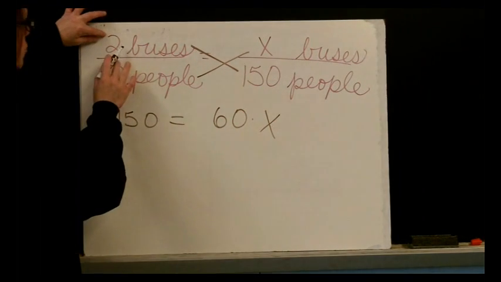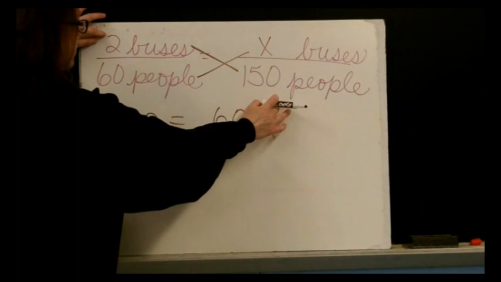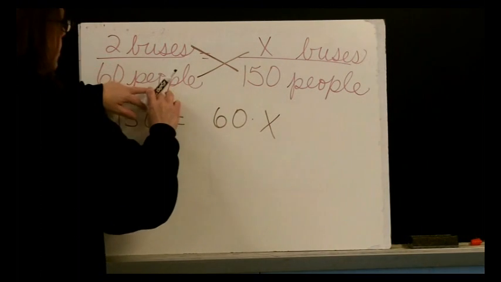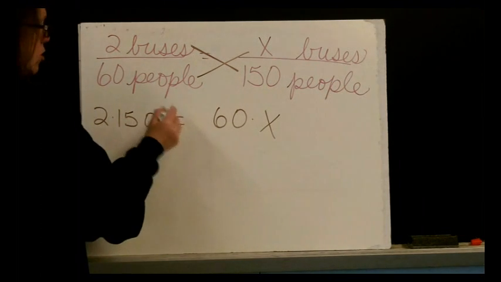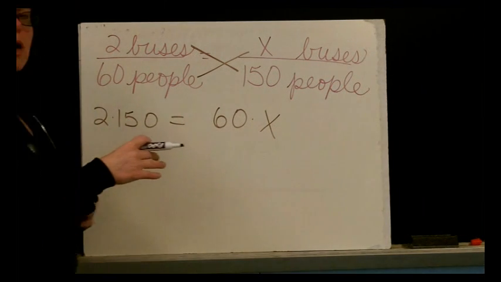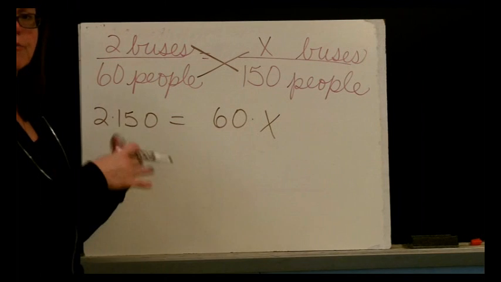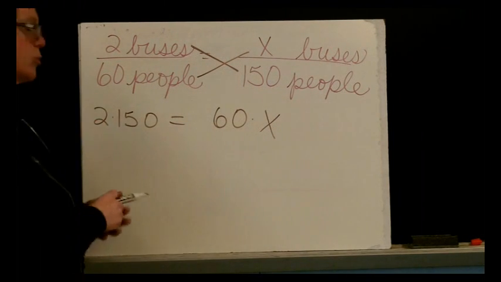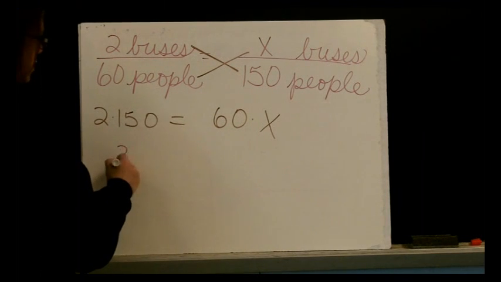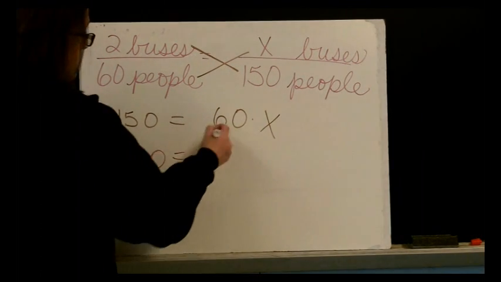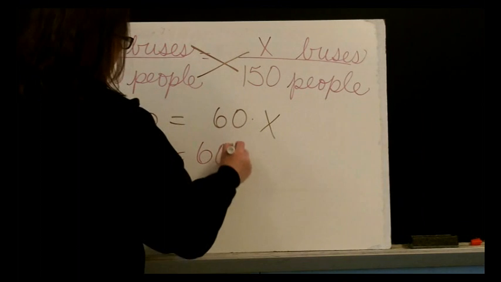Because I took this numerator and I'm going to multiply it by this denominator. Then I'm going to take this denominator and multiply it by this numerator. Please remember to use the equal sign in between. That's where a lot of students will make a mistake. They'll forget the equal sign and they don't know what to do with their numbers. Now we'll simplify. 2 times 150 is 300. 60 times x is 60x.